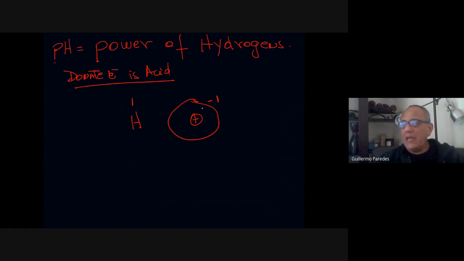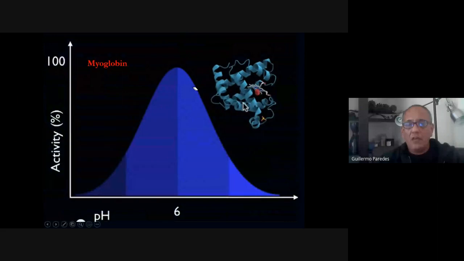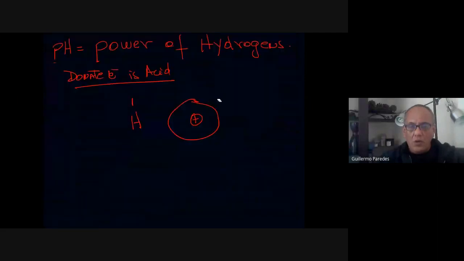Now, in the periodic table, you can gain or lose, right? Let's make it lose in this case. So it's going to release the electron, and what is going to be left is a proton.